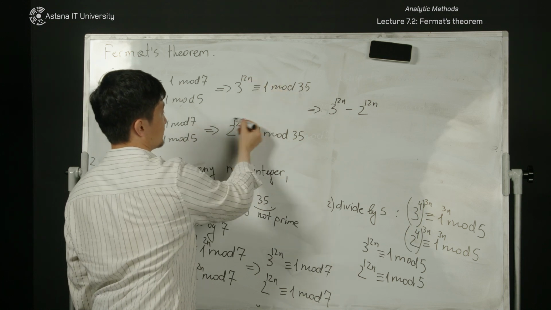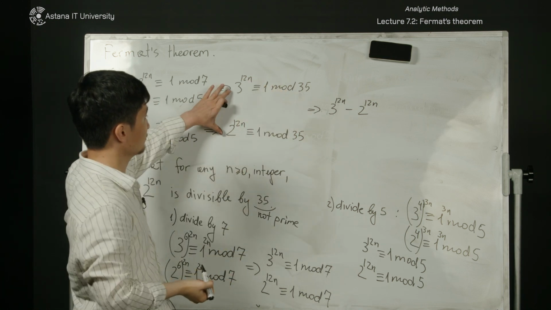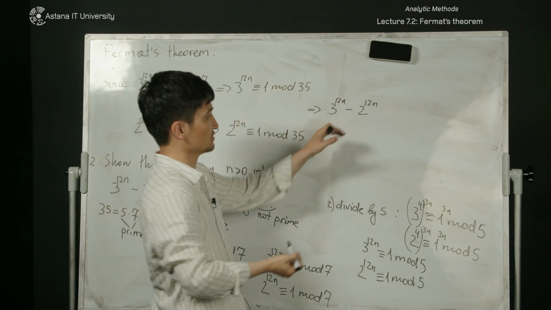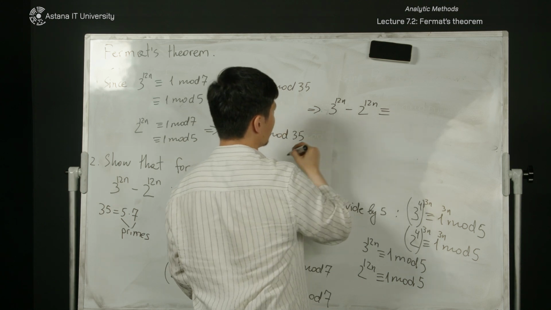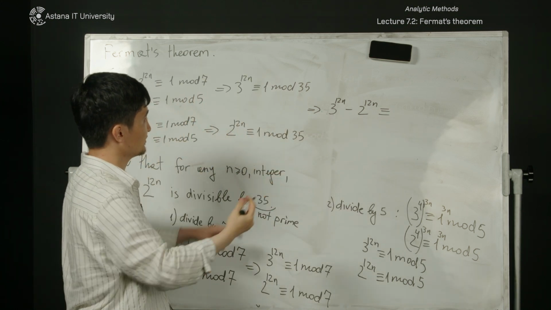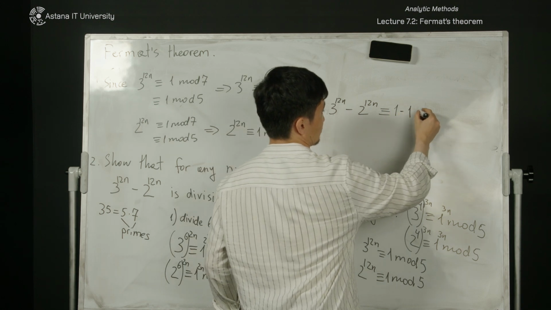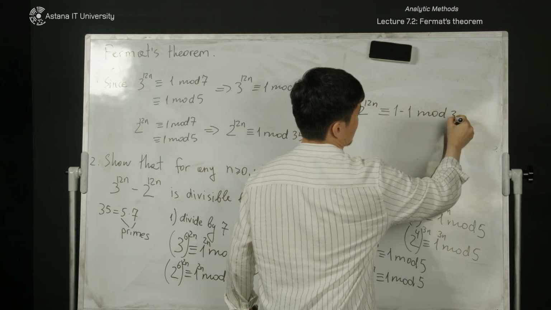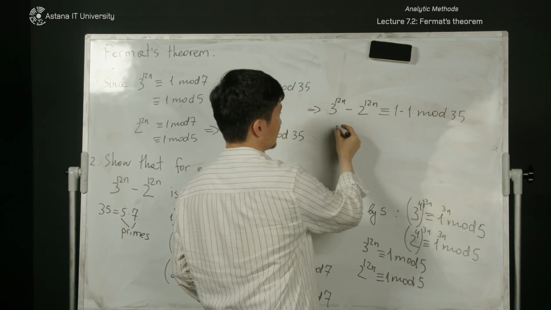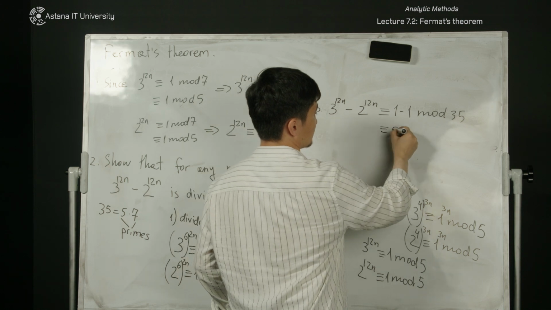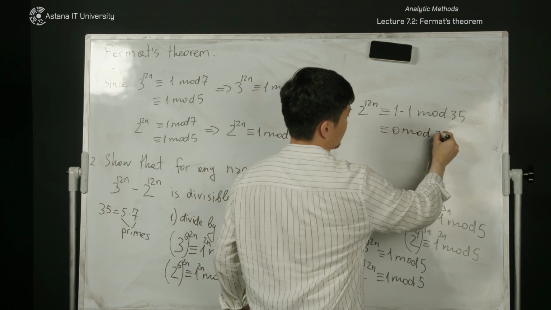On this side I will have the difference. And this will give me, on the right side, 1 minus 1 is 0, right? Mod 35. So basically, I have 0 mod 35.